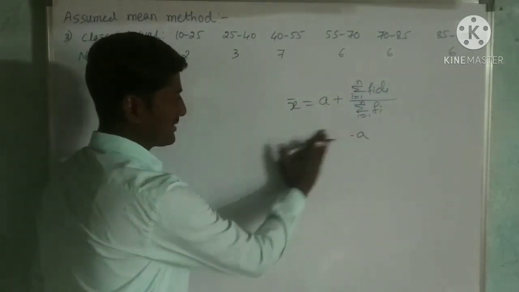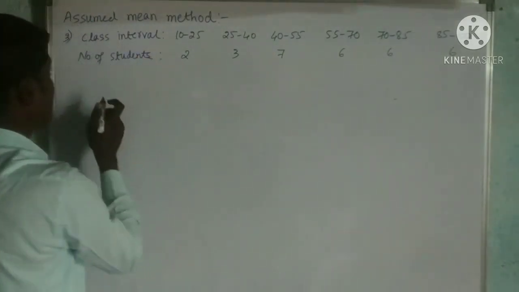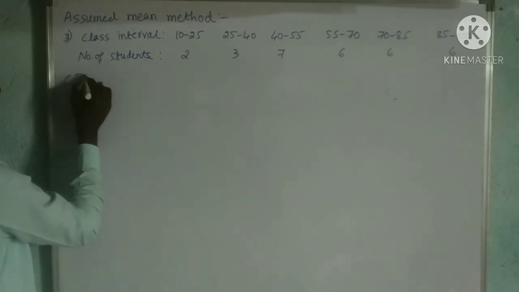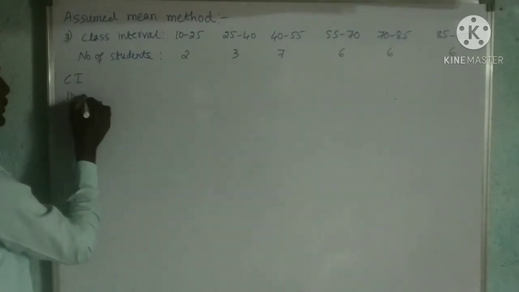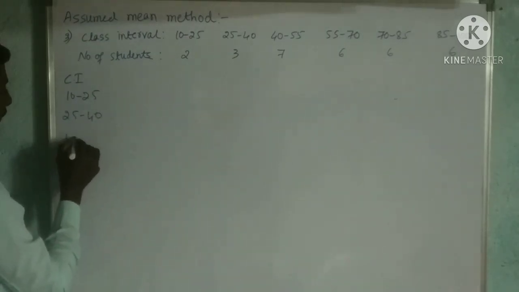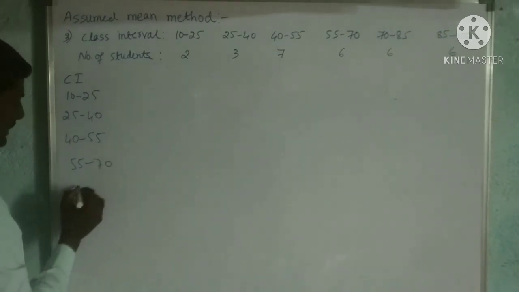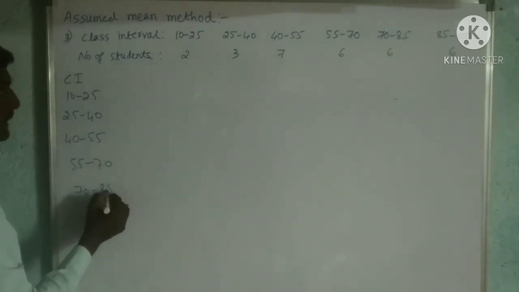So let us construct the table for this first. First is the class interval ci, which they have given: 10 to 25, 25 to 40, 40 to 55, 55 to 70, 70 to 85, 85 to 100.